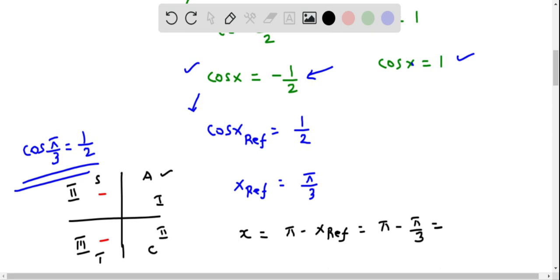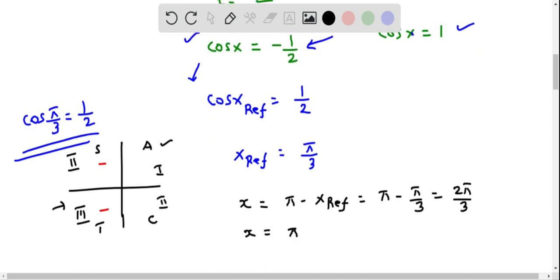Similarly, we will have another angle when x lies in quadrant 3, because cos x is negative, we say that it is equal to pi plus the reference angle. So pi plus x reference equals pi plus pi by 3, and when we simplify this, we get 4 pi over 3. So these are the two solutions of the equation cos x equals negative half.